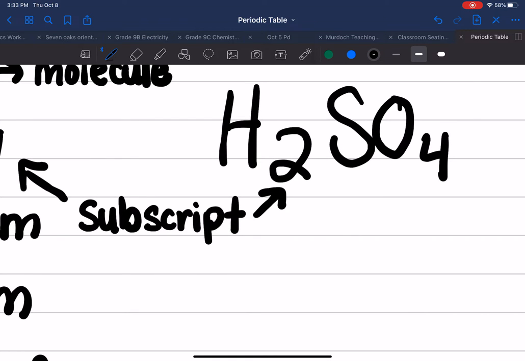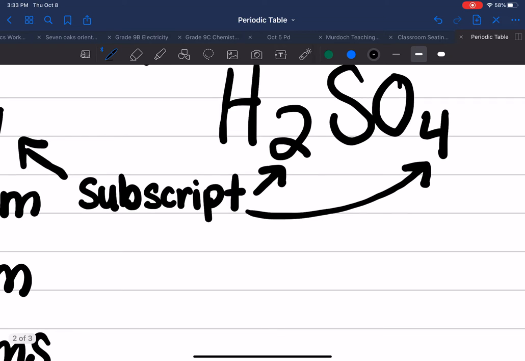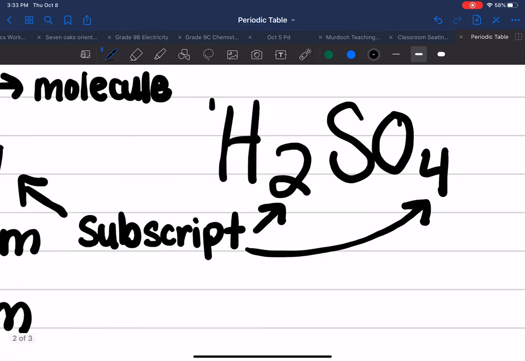H2SO4. So we know that these are subscripts, and they're only associated to the one element that it's right beside. If it was in a bracket, it would be something else, which I'll go over in another example. So which ones are the individual atoms? Well, all the uppercase letters. We've got an H here. That's an element. So if we look at our periodic table, we'll find H in the periodic table.